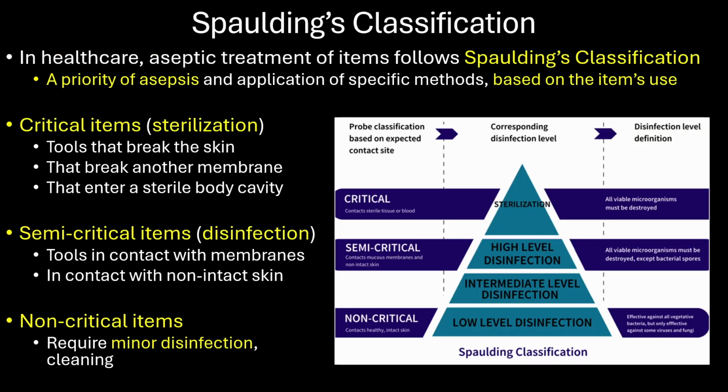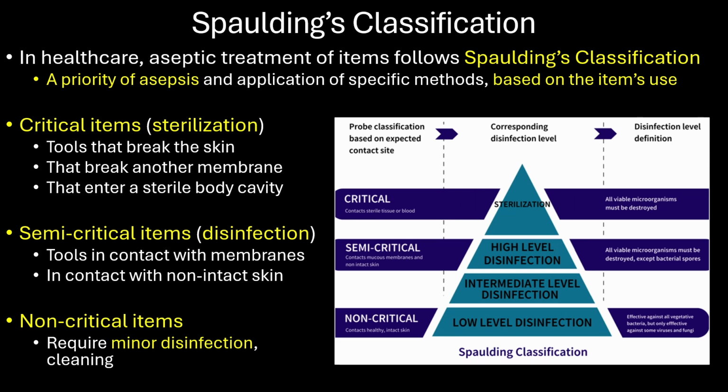So in healthcare today, aseptic treatment of different kinds of items follows something that we call Spalding's classification. This is essentially a breakdown of the priority of asepsis and how we apply different methods of asepsis based on a particular item's use. How are we going to sterilize this tool versus that tool?